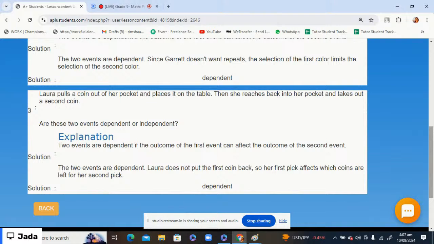Are these two events dependent or independent? It depends on which coin she picks for the second choice. These two events are also dependent because Laura does not put the first coin back, so her first pick affects which coins are left for her second pick. So this is a dependent event.